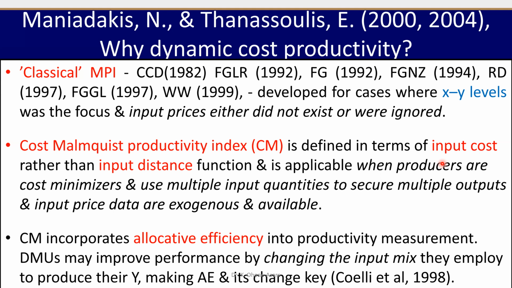So you're able to change the input mix that produces the output, which then brings about allocative efficiency and hence allocative efficiency change. If you look at the book by Coelli et al., 1998, and later on the 2005 amendment to the 1998, you will get that sense of allocative efficiency and its change.